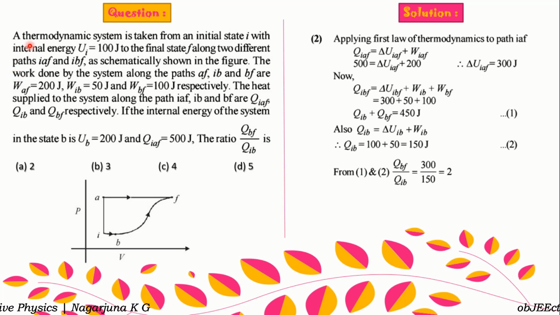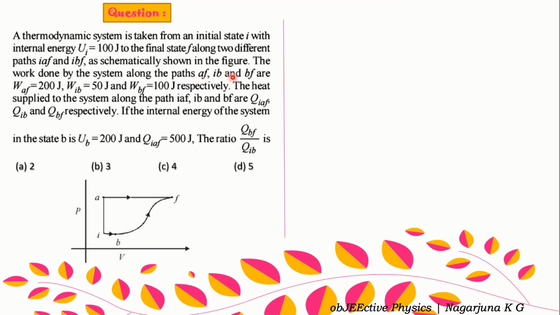Next question. A thermodynamic system is taken from an initial state I with internal energy Ui equal to 100 joules to the final state F along two different paths IAF and IBF, as schematically shown in the figure. The work done by the system along the paths AF, IB and BF are WAF equal to 200 joules, WIB equal to 50 joules, and WBF equal to 100 joules respectively.